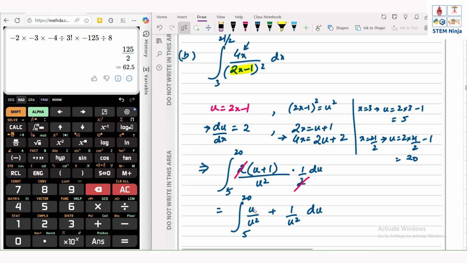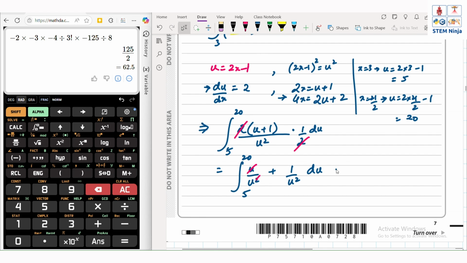So basically this is just 1 over u. And the integration is now easy because this is just ln u, and this is going to be u raised to power minus 1 over minus 1, from 5 to 20.